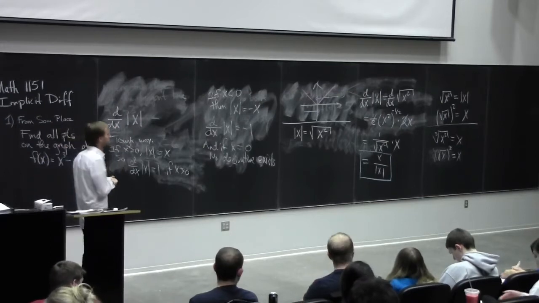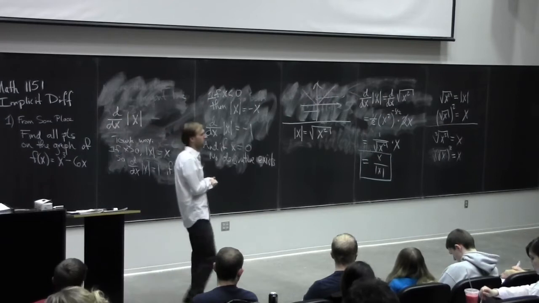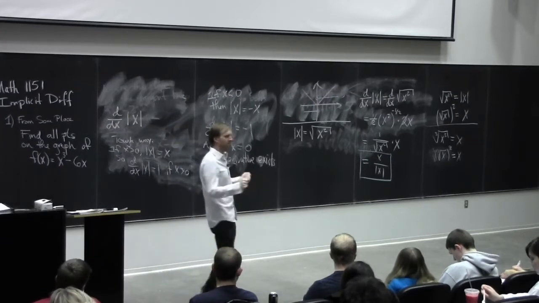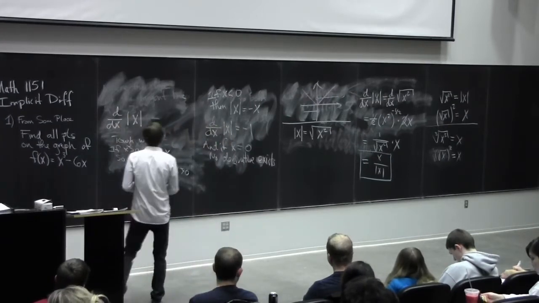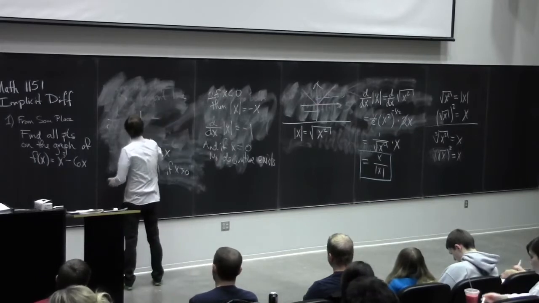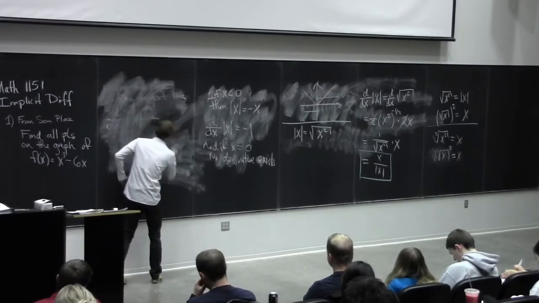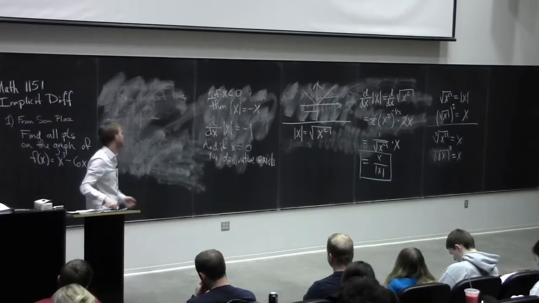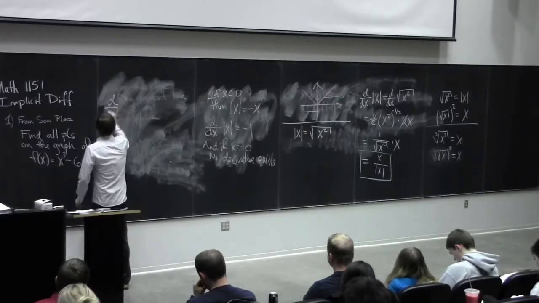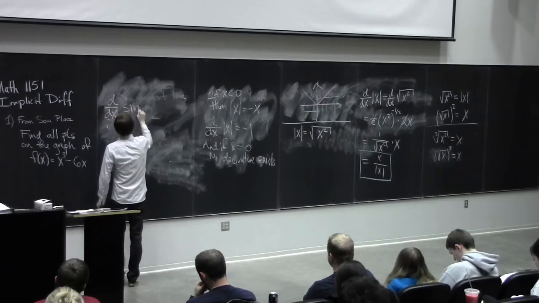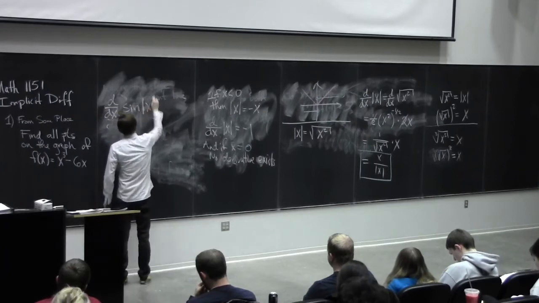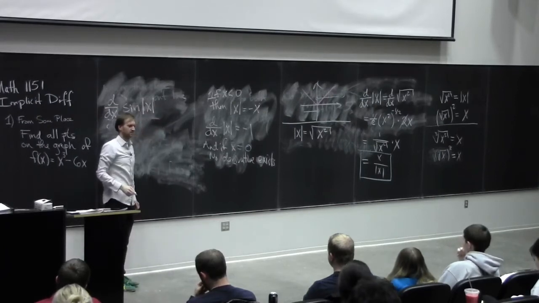You have one that's like an absolute value of x plus 6? You would just do the same thing. Yeah, absolutely. He said, what if the problem was, here, let's even make it even worse: sine of the absolute value of x. No problem.